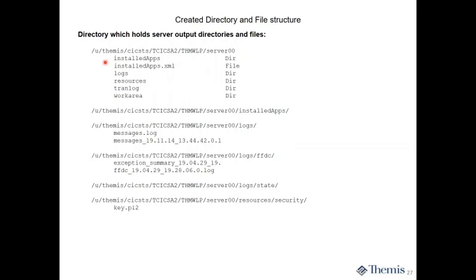Now, again, within the server 00, this is a list of files. What I want to call your attention to is the logs directory. Within the logs directory will be message logs. These are also going to be encoded in Unicode.